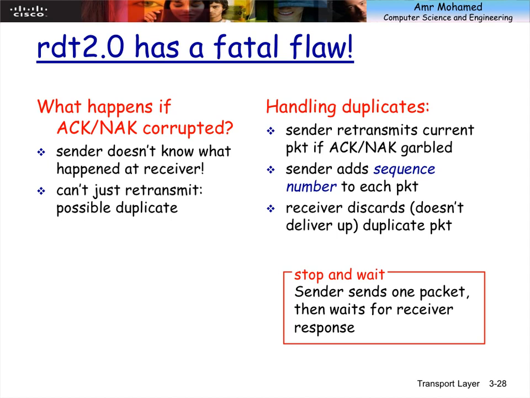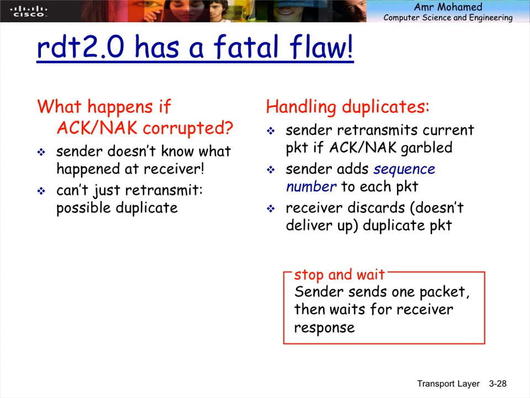In which case, the sender cannot just retransmit, because this will be a premature decision. I don't know whether this is acknowledgement or negative acknowledgement. And if it retransmits the packet, maybe I will be conservative. If I cannot recognize it, I will assume that it's a negative acknowledgement, so retransmit.